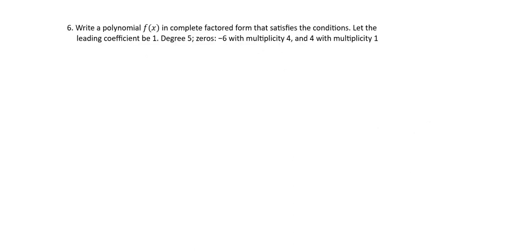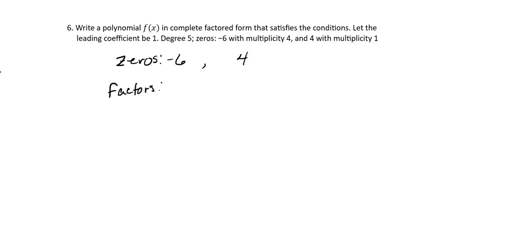Problem 6. Write a polynomial f of x in complete factored form that satisfies the conditions. Let the leading coefficient be 1. The degree is 5. And my zeros are negative 6, with multiplicity of 4, and 4 with the multiplicity of 1.